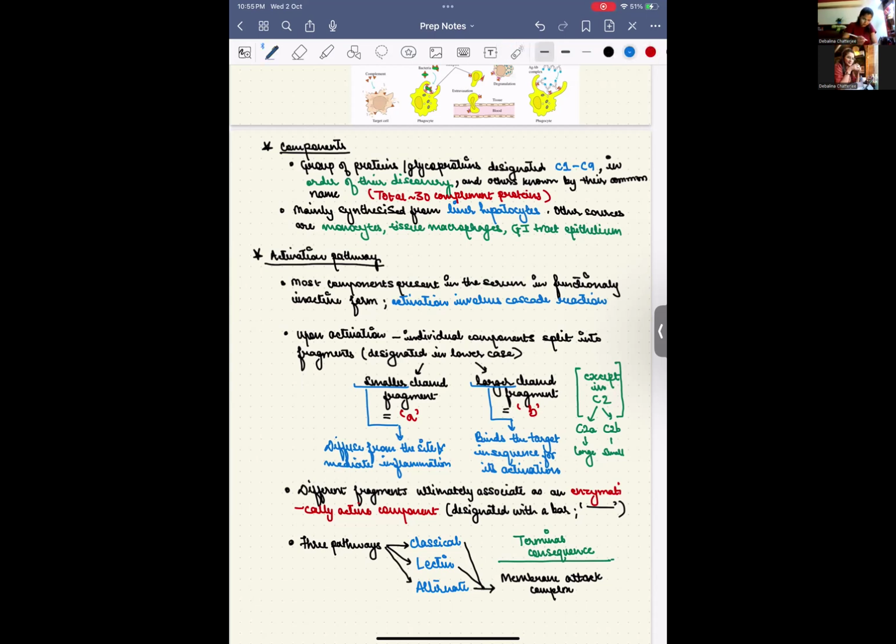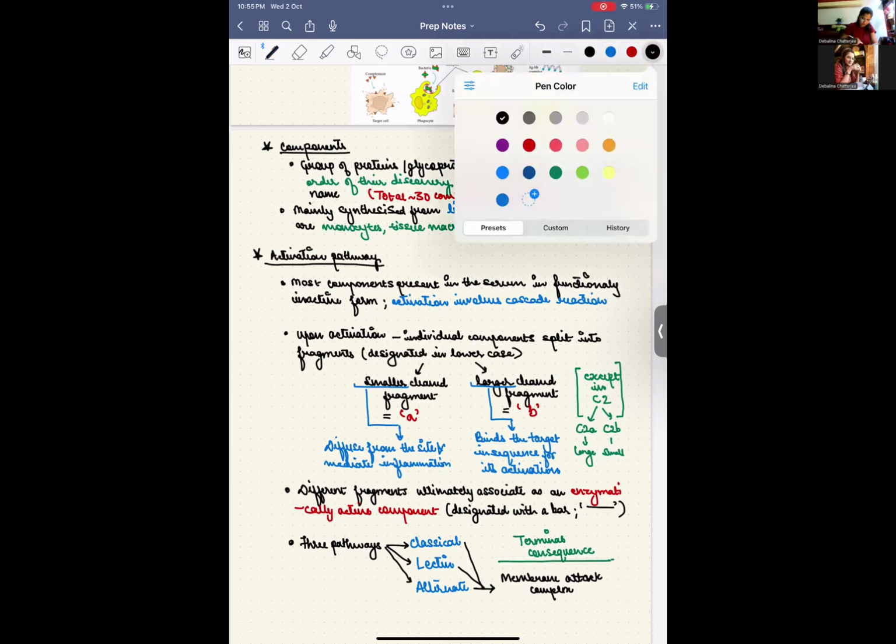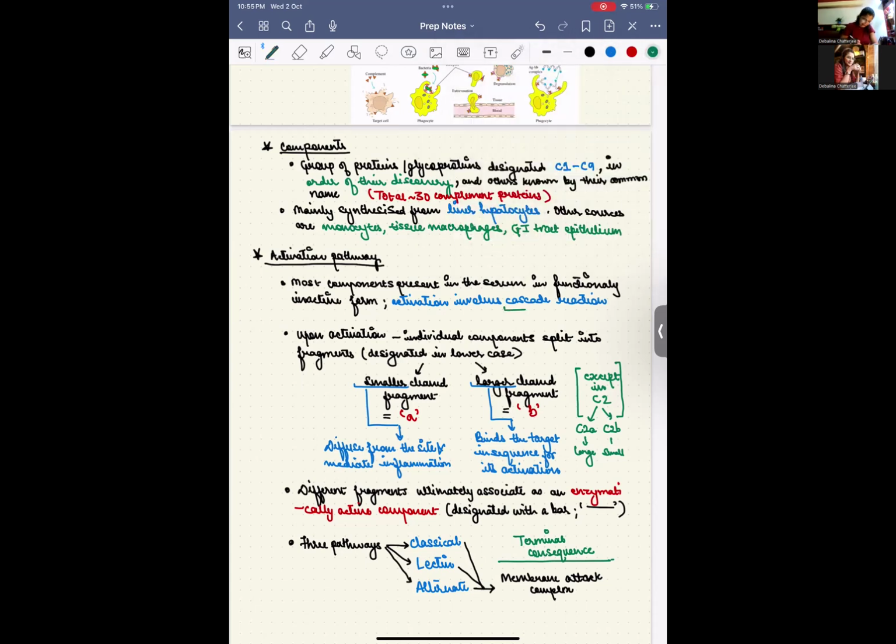So what does this cascade mean? It means X activates Y, Y then activates Z, and Z can activate the other in line. One after one, there is going to be cascade induction.